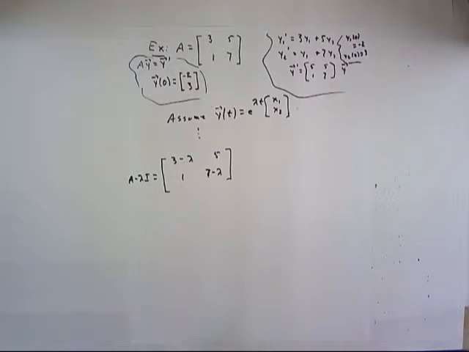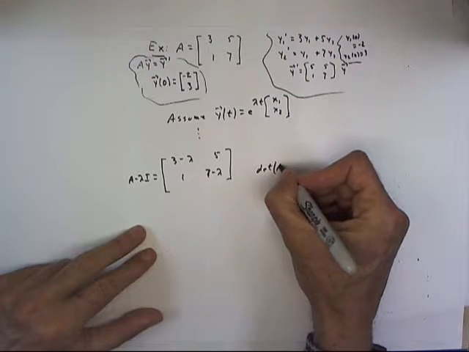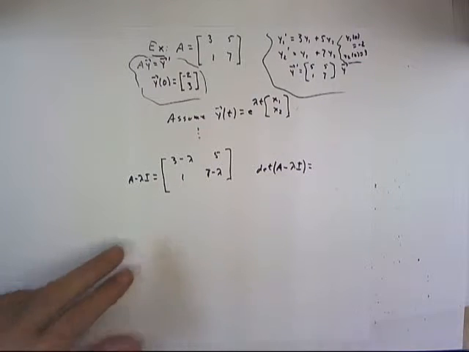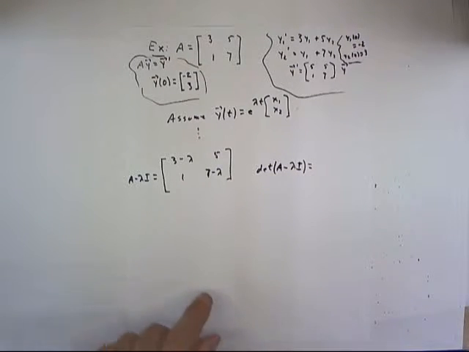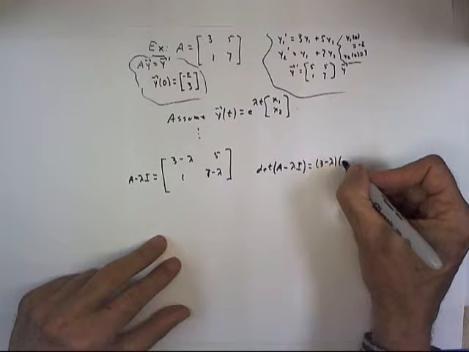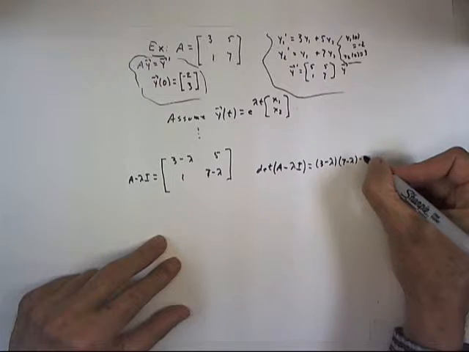Okay, now what do we know? We know that we're going to get a solution to this equation if the determinant of this thing is zero. Well, the determinant of A minus lambda I is just 3 minus lambda times 7 minus lambda minus 5.